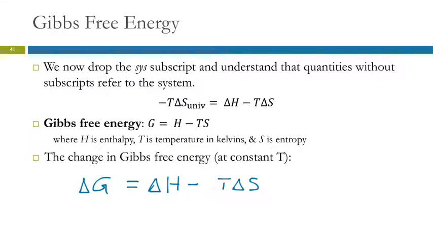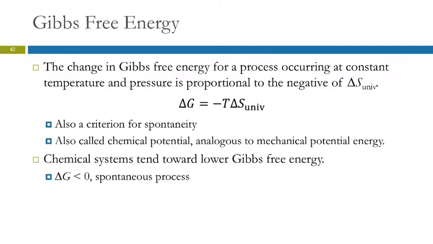So then there's no change in the temperature. Delta G equals delta H minus T delta S. So the change in the Gibbs free energy, delta G, for a process occurring at constant temperature and pressure is proportional to the negative of delta S.